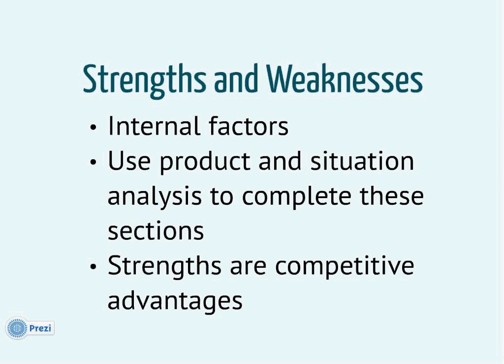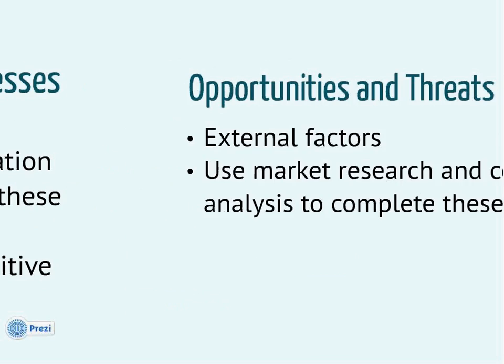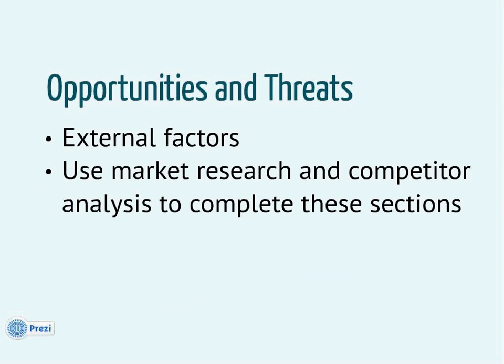The things that you identified as your competitive advantage in that competitor analysis can definitely be a strength here. Your opportunities and threats are more of external things that you don't have control over. These are things that you've noticed in your marketing research and your competitor analysis, and you're just writing them all down in these sections.